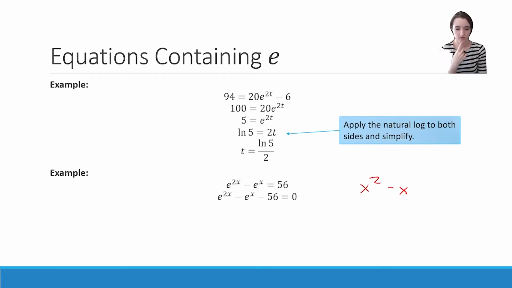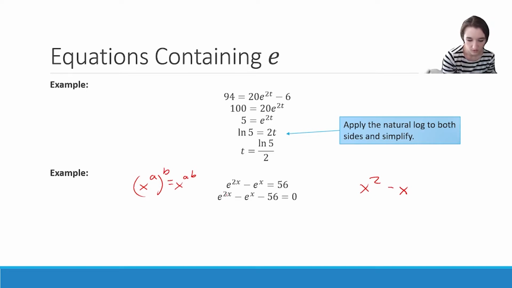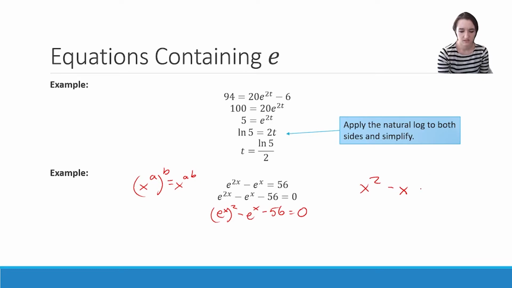Essentially, I can think of this as x squared, because what's really happening here is e to the 2x, using one of our exponent properties, x to the a to the b power is equal to x to the a times b. Well, this is 2 times x, so this is like e to the x squared, right? So I have e to the x squared minus e to the x minus 56 equals 0. So that's something squared minus itself minus 56.